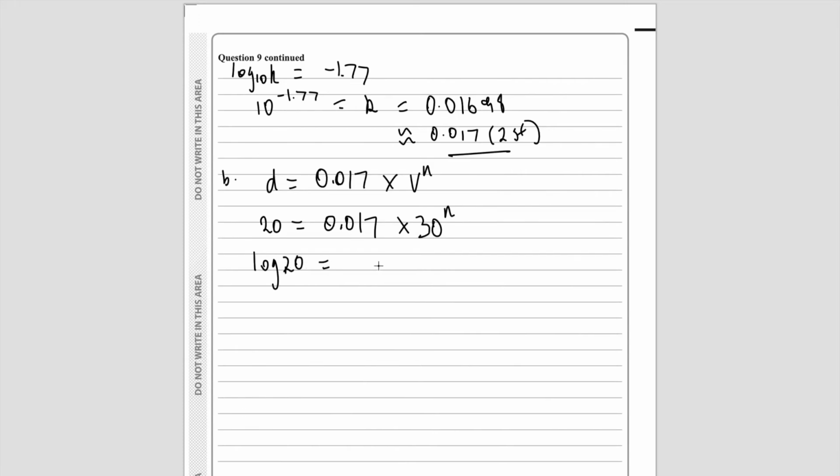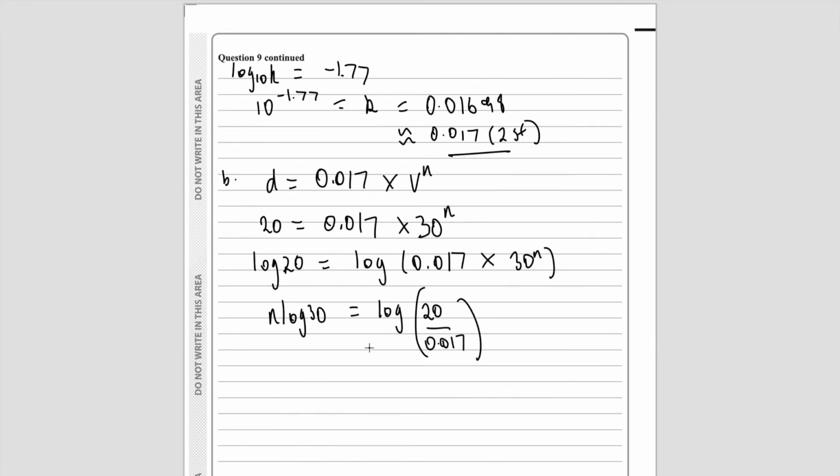So we have log 20 is equal to log of 0.017 multiplied by 30 to the n, and just using the exact same principle of the multiplication rule, and then the index law, we find that n log 30 is going to equal log of 20 over 0.017.